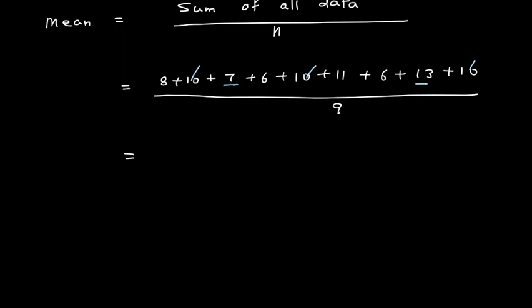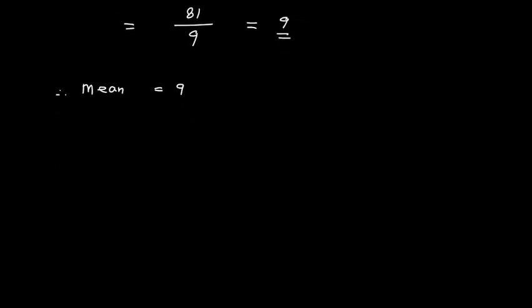Then 6 and 6 make 12, and 12 plus 8 is 20, so 50 plus 20 is 70. And then 80, 81. So the total is 81 upon 9. Whatever way you find addition simple, do it that way. 9 nines are 81. So the mean is 9.